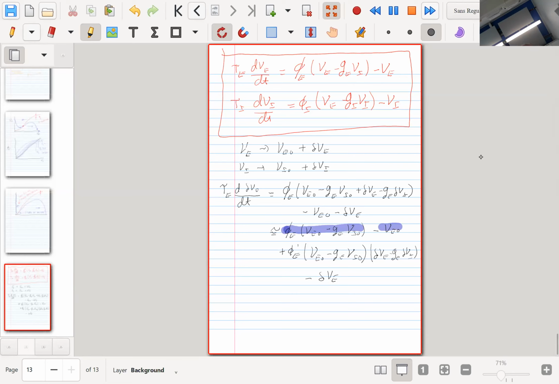That term and that term are the same. That's what it means to be in equilibrium.